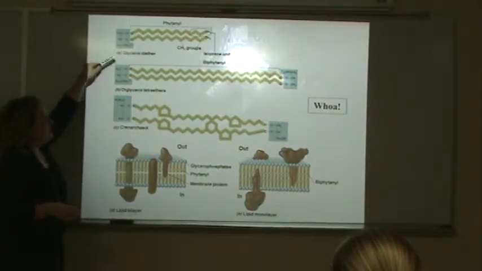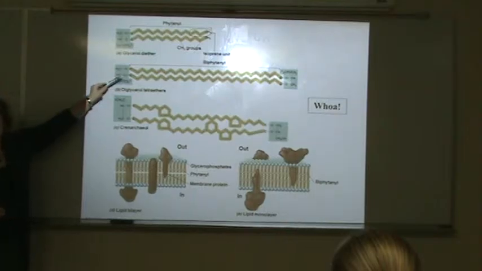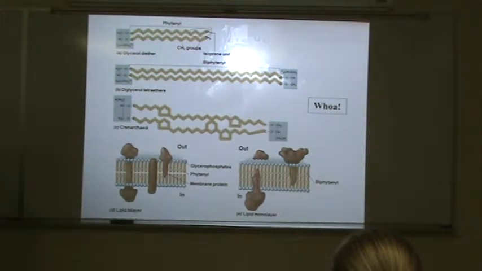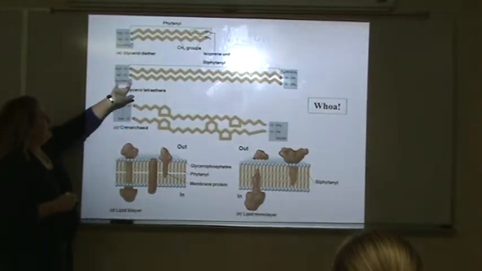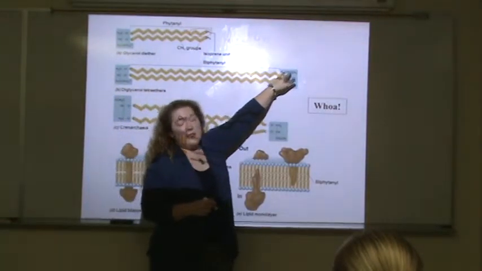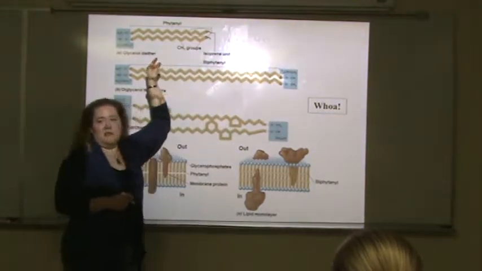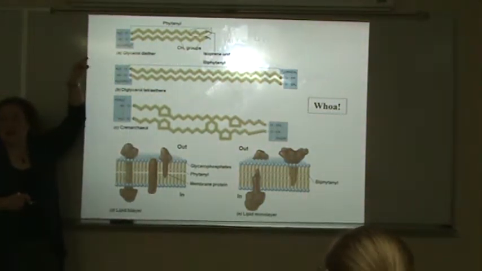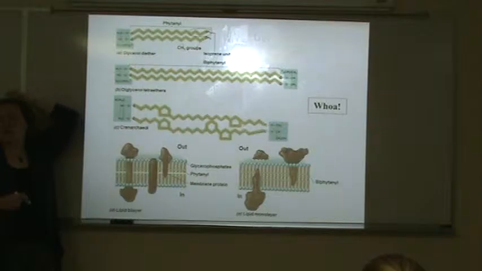It's still got a polar head group. What's different about this one that's really weird, comparing to the top? Two blue boxes? Yeah, here's the phosphate head. Here's another phosphate head. All of this is covalently linked. It's a double-headed phospholipid. And that's weird.